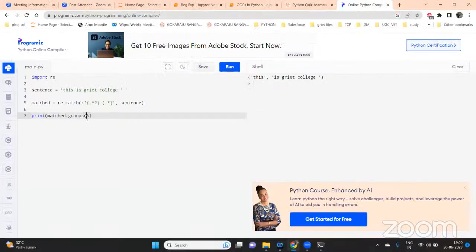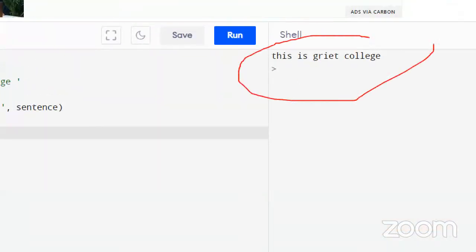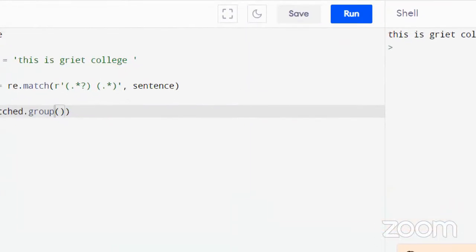If I am just using the group function, the entire thing is written as it is because it is looking for everything that is available except the new line character. So group function will match every pattern which you have mentioned in the regular expression. Then it returns it as it is.